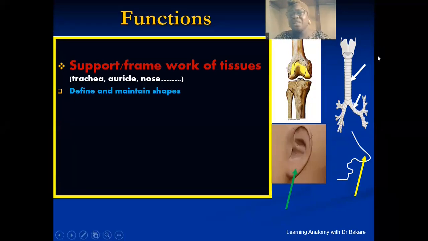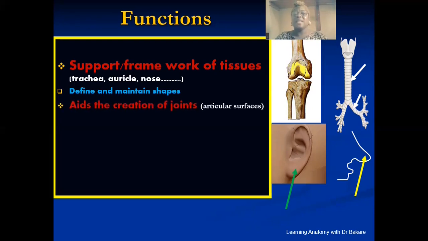If you look at the trachea, it will mean that the shape of the cartilage around this space will determine the shape of the trachea, because we say that the cartilage at this point is seen to form the major structural component of the trachea. Also, if you go to the external ear, using this image here that is arrowed in green, the shape that is defined by the cartilage will determine the shape of the external ear. So at this point, they're helping to define and also maintain the shape of these structures.